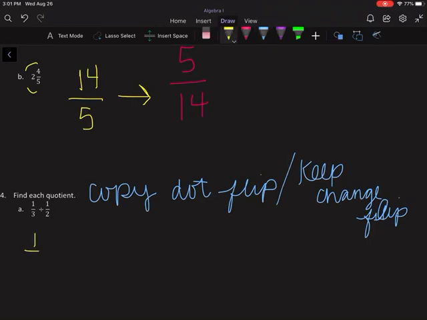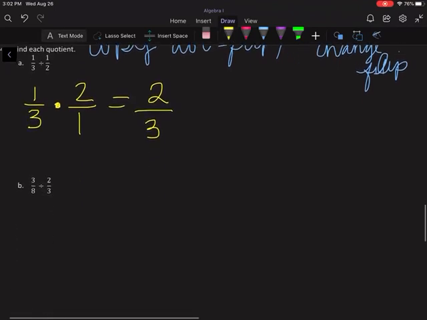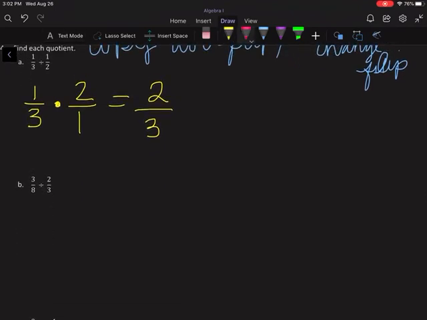So I copy the first one, I change the sign to multiplication, and flip the next one. So my answer would be 2 times 1, 2, 3 times 1, 3, 2/3. Next one, we're going to keep the first one, change the sign, flip the second one. Anything cross cancel? No. It's going to be 9 over 16.